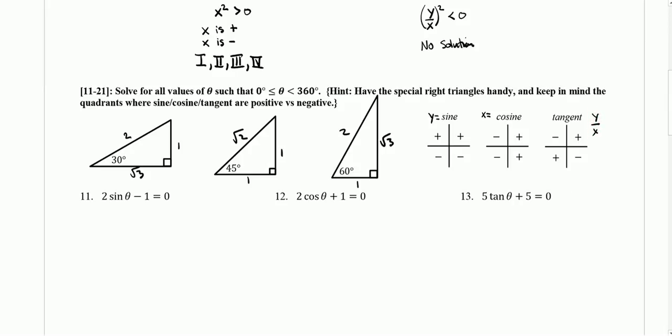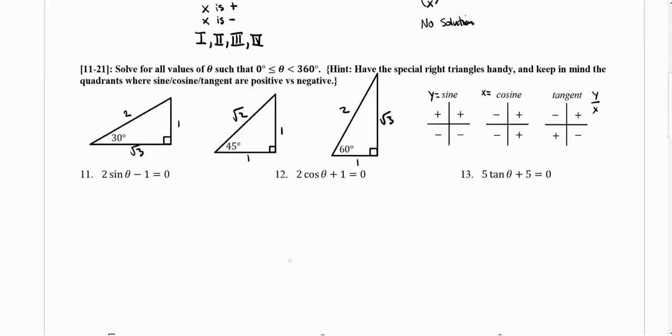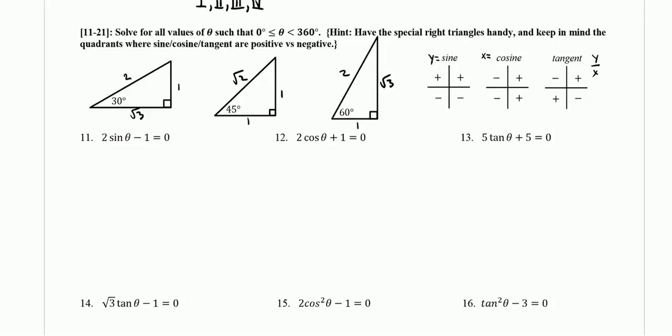And if both x and y are positive, or both are negative, then we get tangent positive. That's what we see in quadrant 1 and quadrant 3. If one is positive, one is negative, then the tangent will be negative and we'll end up in quadrant 2 or 4. So with that in mind, let's try number 11.